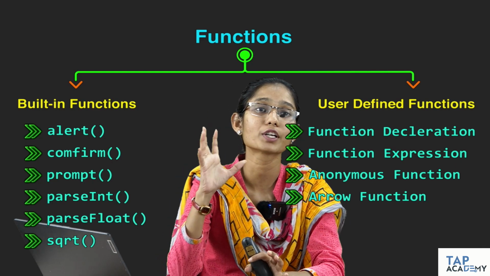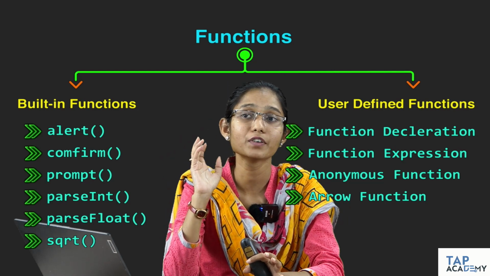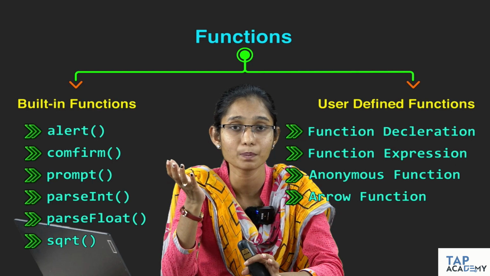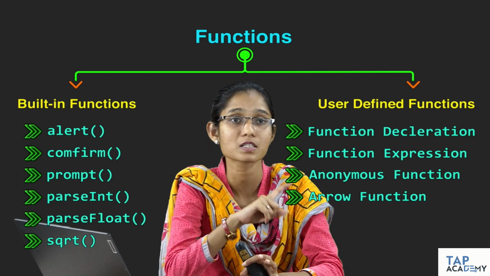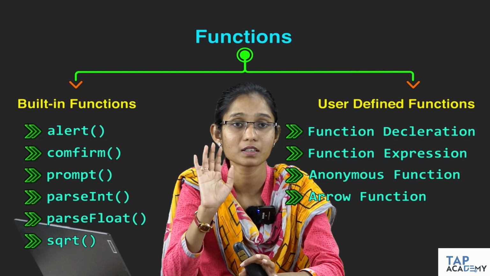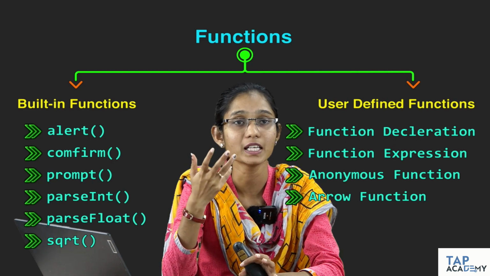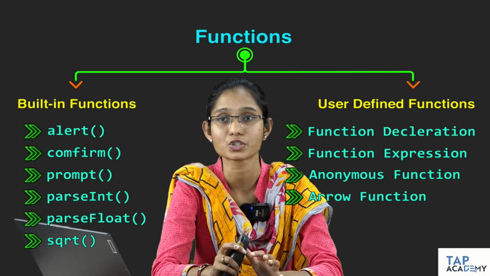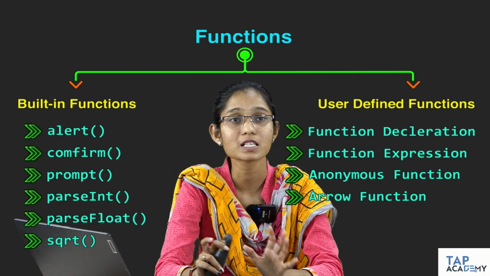Everywhere, whenever you want to create some function or perform a certain operation, the efficient one which they will be using most of the time is this arrow function. If you understand the syntax properly, then it will be very easy to make your code and your logic very efficient. Okay, so these are the functions.